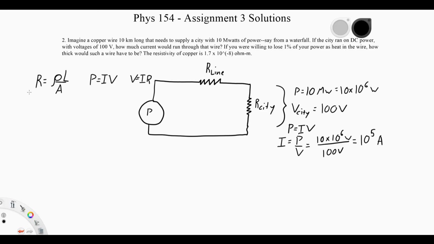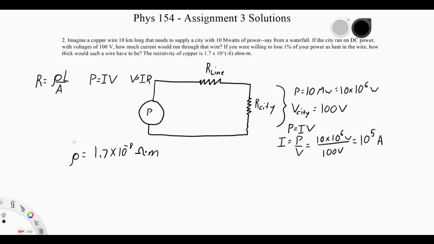R, of course, is just our resistance, while rho is the resistivity, which we are told, actually, that the resistivity of copper is 1.7 times 10 to the negative 8 ohm meters. L, of course, is just the length of the wire, and A is the cross-sectional area.